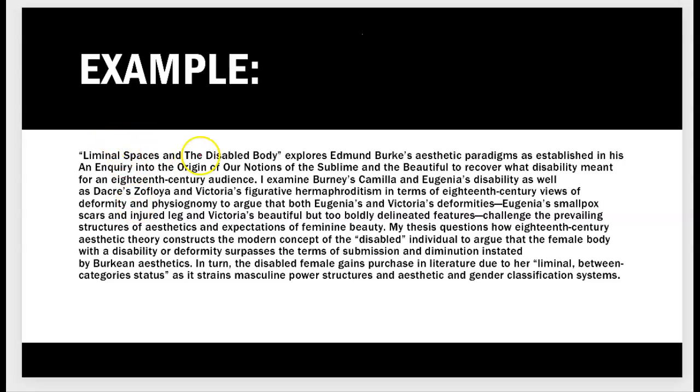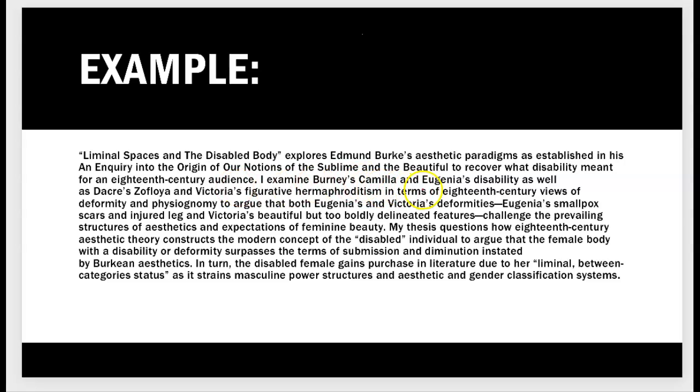So, Liminal Spaces and the Disabled Body explores Edmund Burke's aesthetic paradigms as established in his Inquiry into the Origin of Our Notions of the Sublime and Beautiful to recover what disability meant for an 18th century audience. Ooh, exciting, I know.